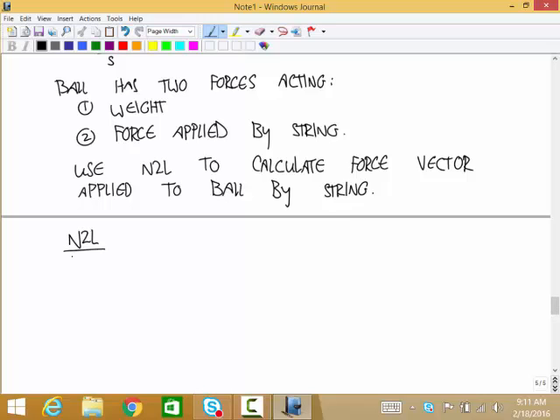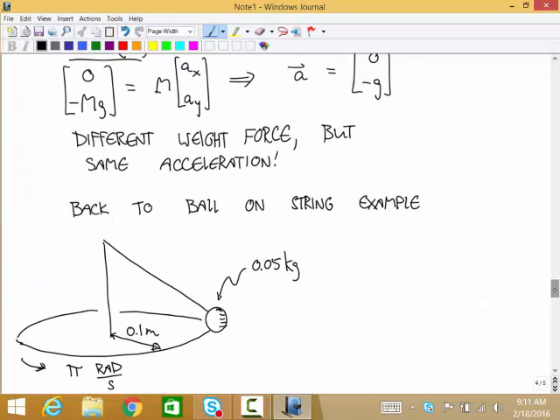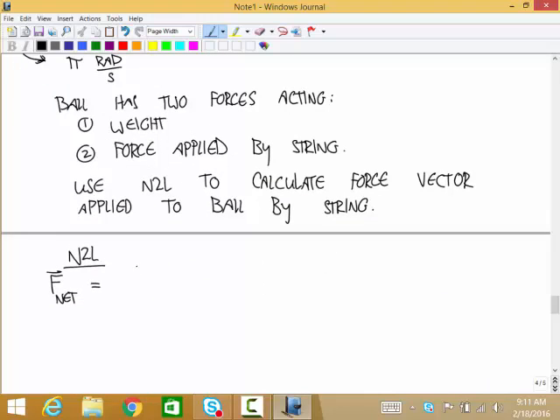So Newton's second law says F net, and this time we're going to break that up into, let me draw the coordinate system back on here. So this was X, this was Y. F net is equal to 0, negative mg. The mass is 0.05.